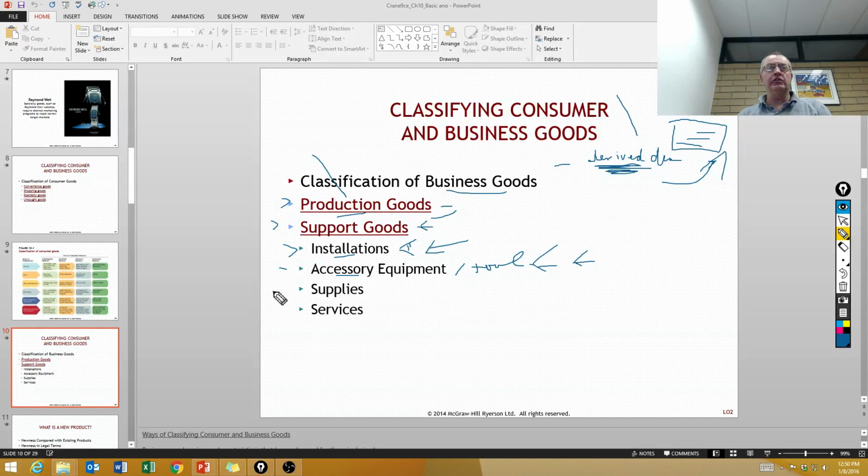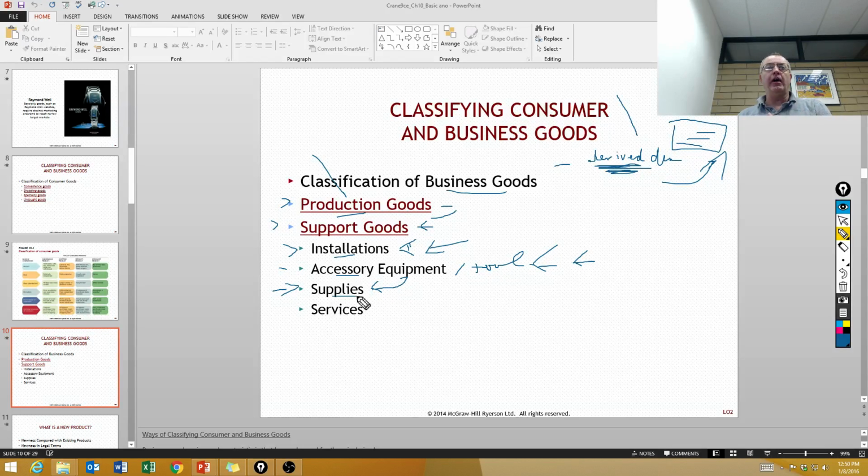And then there's always supplies. In any operation, you're going to have office supplies, paper, ink, toner cartridges, and then in the manufacturing process, you might have oil, gaskets, packaging material, parts to maintain equipment.